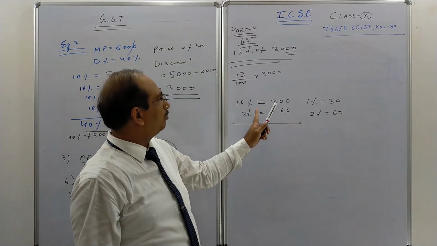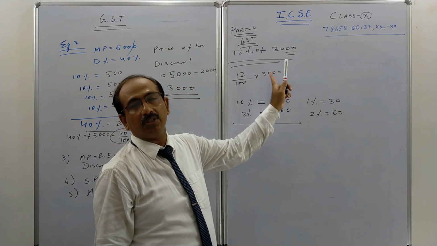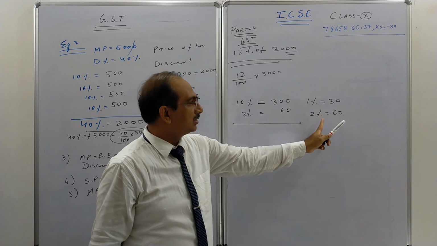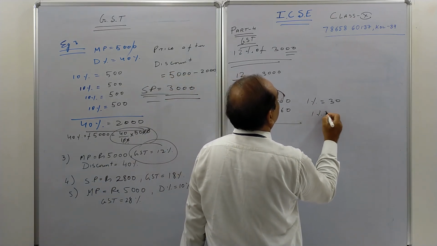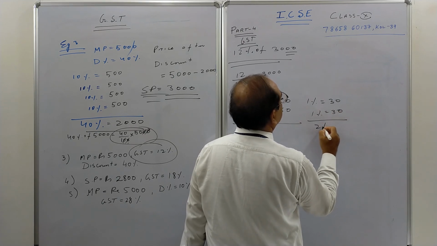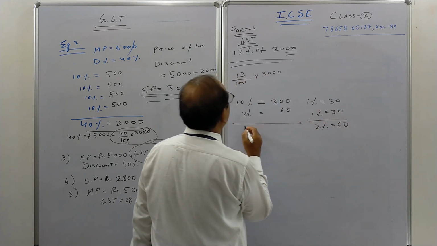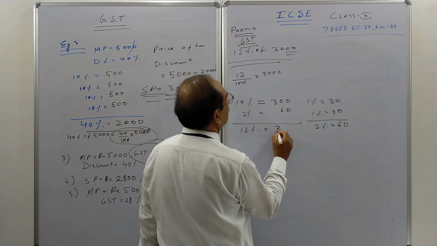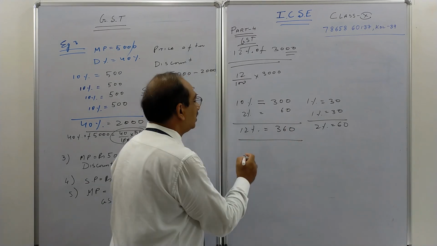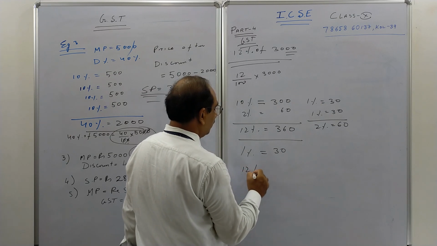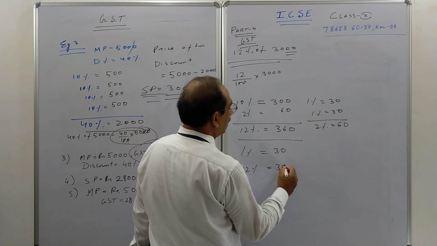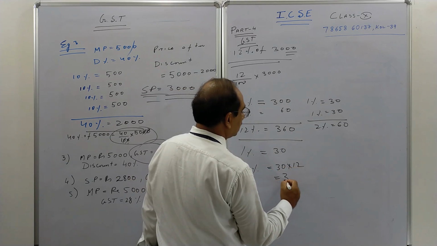Once more, 10% remove a zero. 10% of 3,000 is 300. 1% is 30. So another 1%. This way you can do in the beginning. So you can write, but later on, children, you'll do it mentally. 12% will be 360. Another way, children, 1%, as I did in the other sum, is 30. So 12% will be 30 into 12. 12 3s are 36, 360.